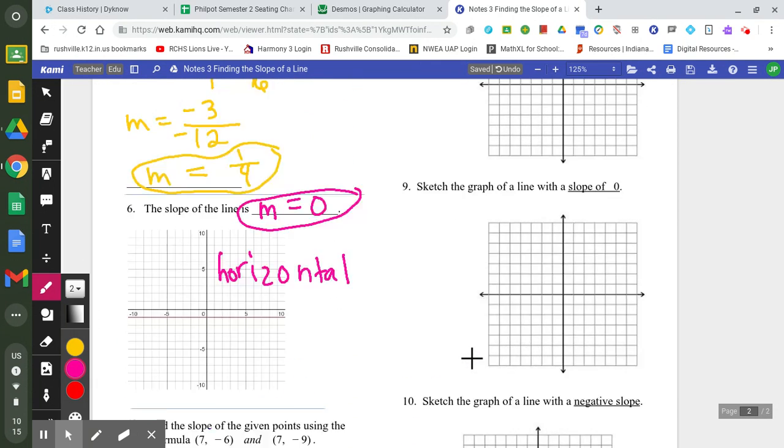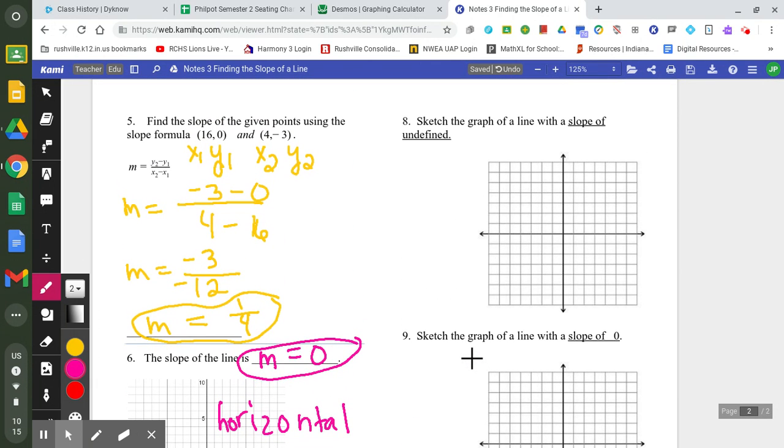And then moving on to number 8. You are asked on number 8, and yours on Math Excel might ask you something a little different, but my 8 says to graph a line that has a slope of undefined. Well, we just found undefined as something over 0. That is actually a vertical line.